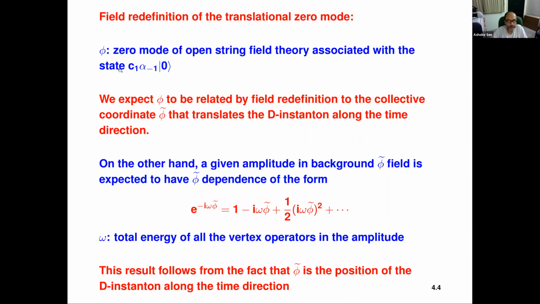But since we will be determining the relationship between phi and phi tilde as a power series expansion, we expand this out and write this as 1 minus i omega phi tilde plus half i omega phi tilde square and so on. And then we will try to match power by power what we get for the coupling of phi to what we expect for the coupling for phi tilde from this structure. Okay, are there any questions?